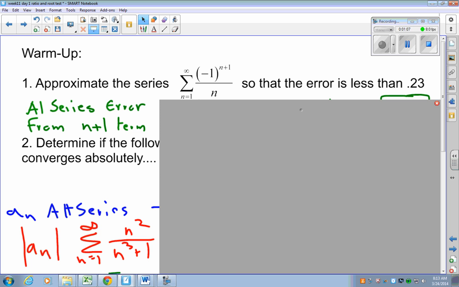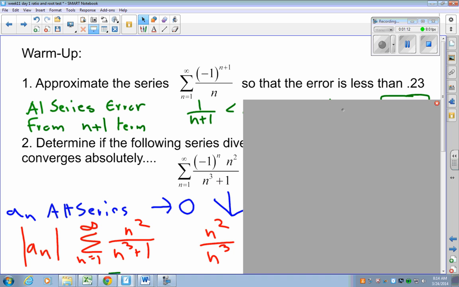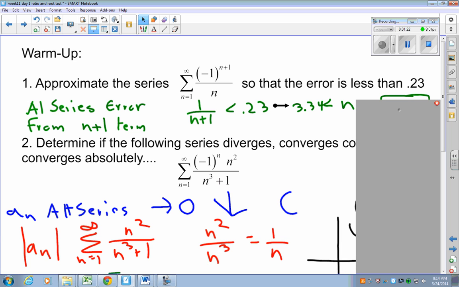You just need to worry about the core part, not the sign change. So I'm looking at when is 1 over n+1 less than the error that I want, which is 0.23. When you cross multiply and solve some algebra, you're getting n has to be greater than 3.34. So you need 4 terms to make sure your error is less than 0.23.